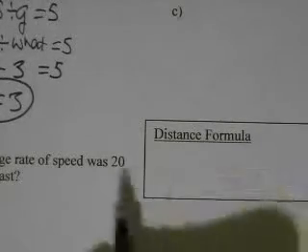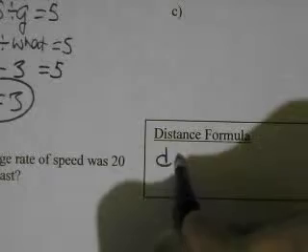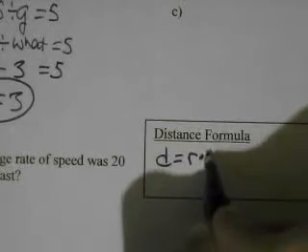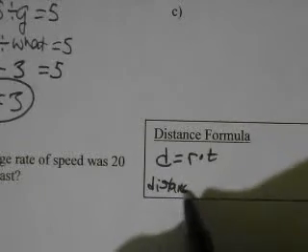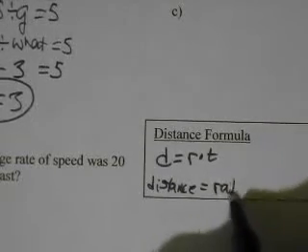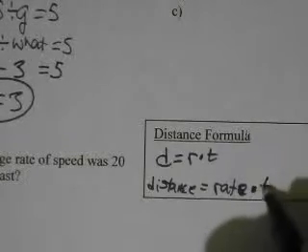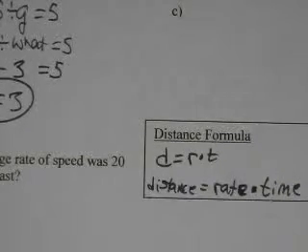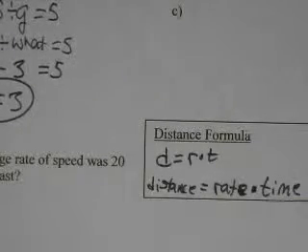Off to the side here, the distance formula: d equals r times t. Distance equals the rate, which is the speed, how fast they're going, times time. So once we know two of these things, we can solve this equation.